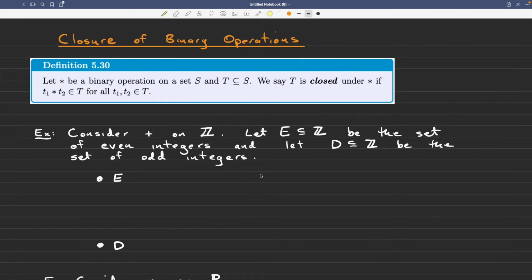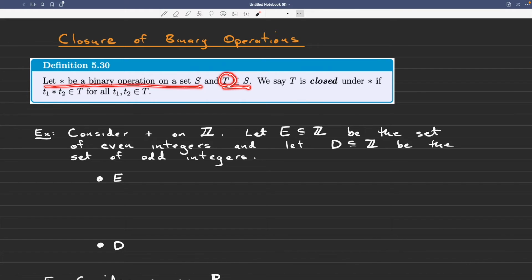Okay, the next topic I want to bring up is the topic of closure of a binary operation. So we start with a binary operation on a set, and then we also have a subset T of our set S on which the binary operation is defined. Now, if the binary operation is defined on S, then clearly it's also defined on T. But the question is: whenever you take two things out of T and you star them together, will you get back a result that's in T?